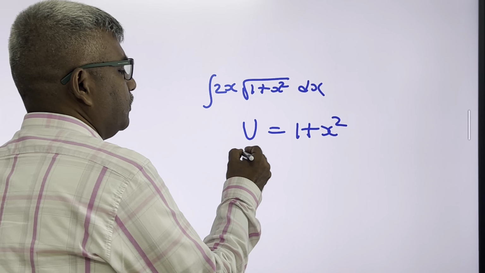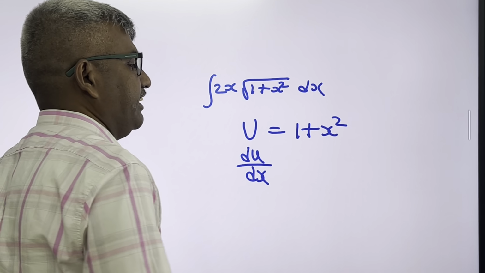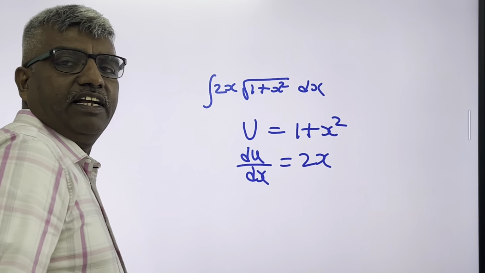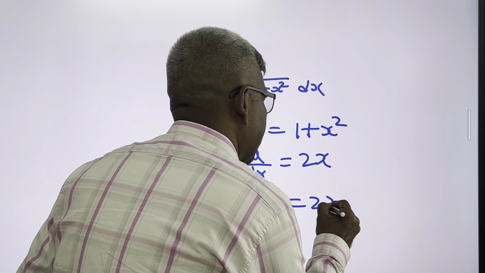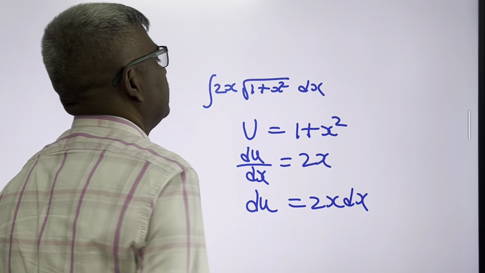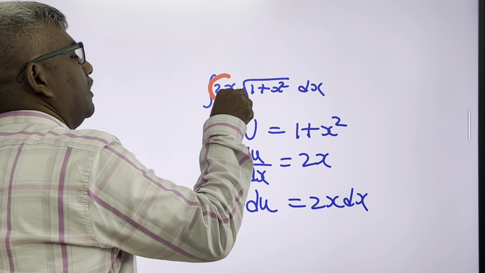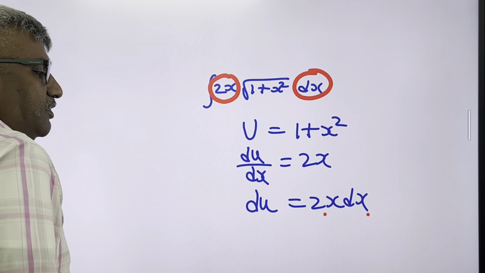So what is du? Differentiate with respect to x, du by dx is 2x. Then du is equal to 2x dx. Compare it, this part and this part, it has come.